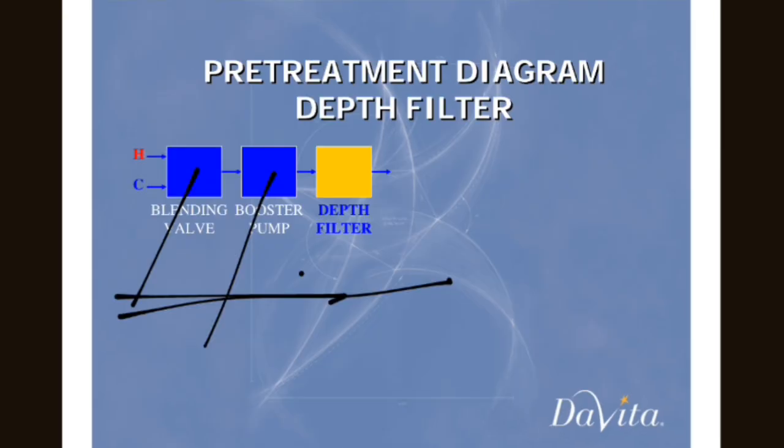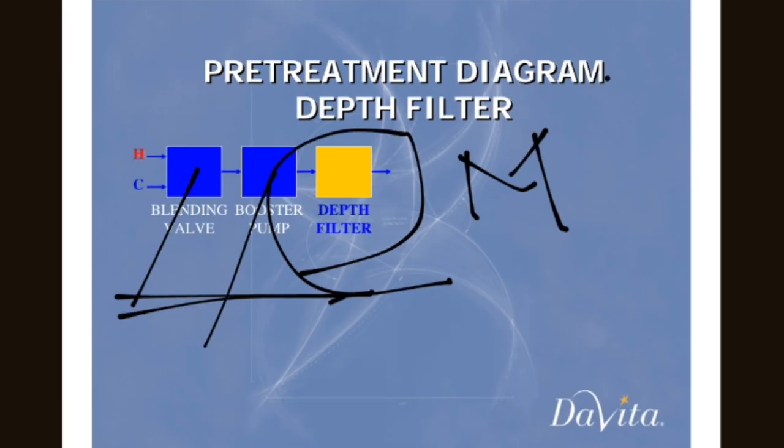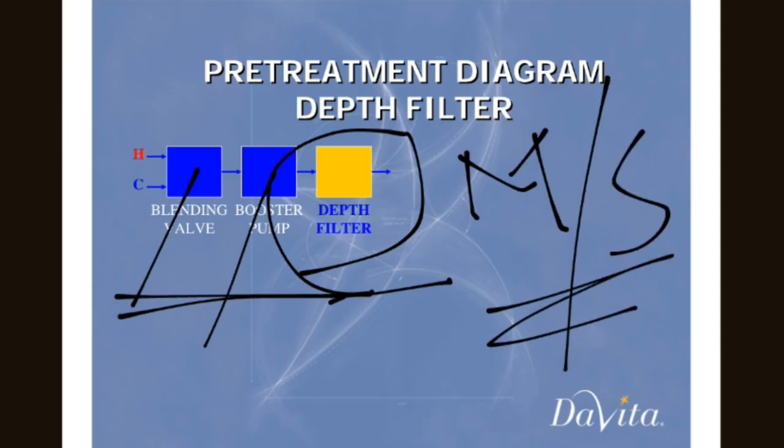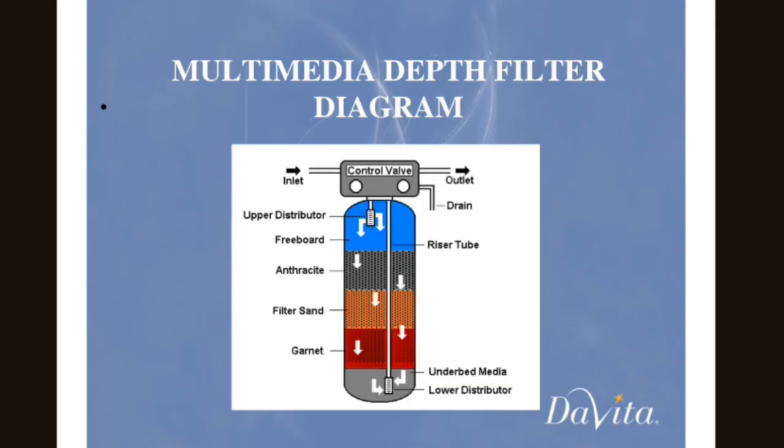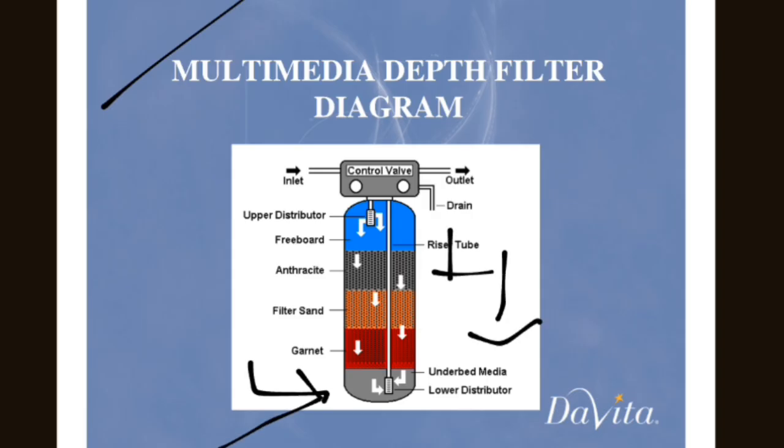Then water goes to the depth bed filter, or multimedia filter, or sediment filter. The multimedia filter or depth bed filter is primarily made of earth materials like sand, granite, etc. So water passes through the large particles, then the small ones, and the small particles are trapped in that sand.